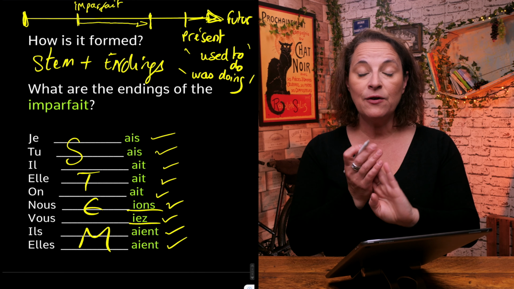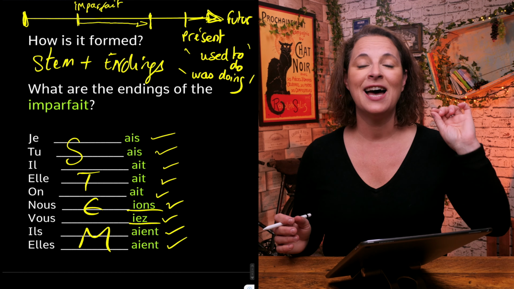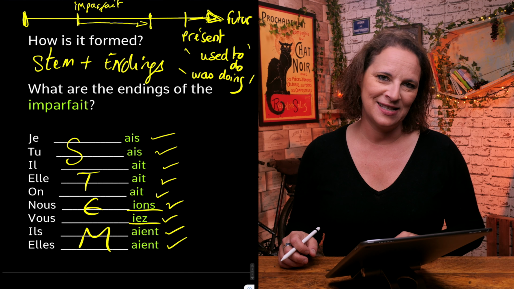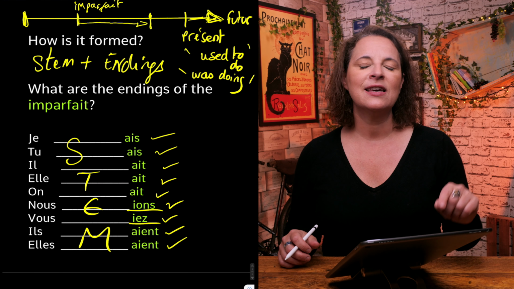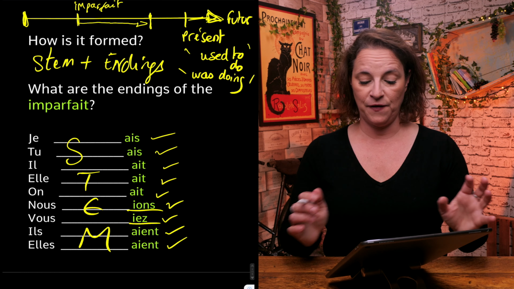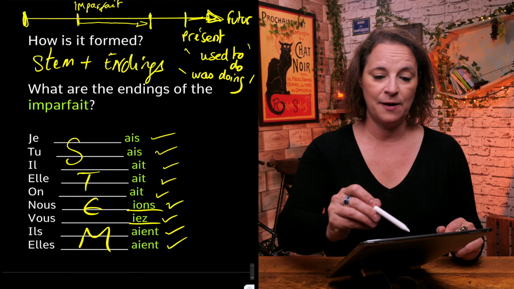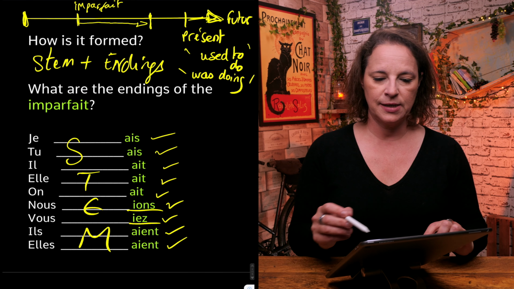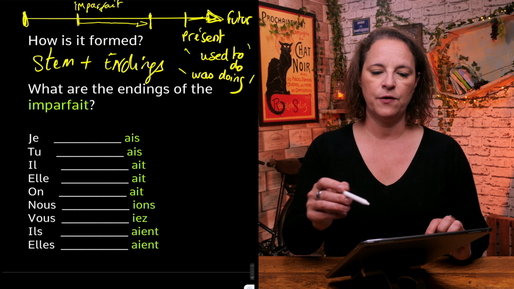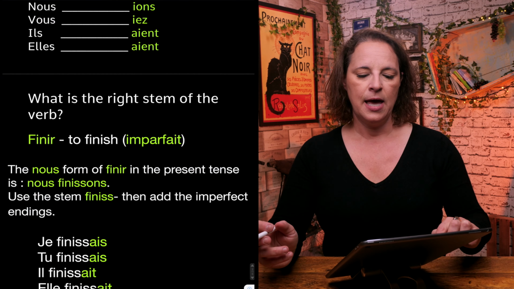So, be very careful not to forget this i before ons and this i before ez. But let's see how it affects the IR verbs, because that's what we are concentrating on. So let's get rid of these to make it much simpler for our practice.